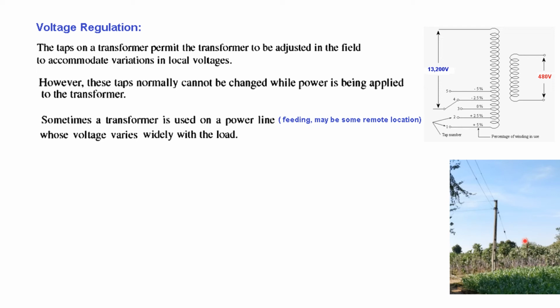Whenever, let's say, we suddenly turn on a motor, there will be more drop on this line, and so the voltage at the end will fluctuate or change significantly depending on the load.